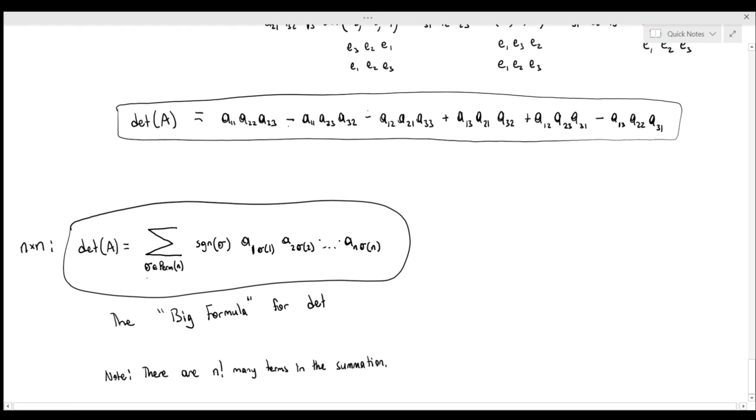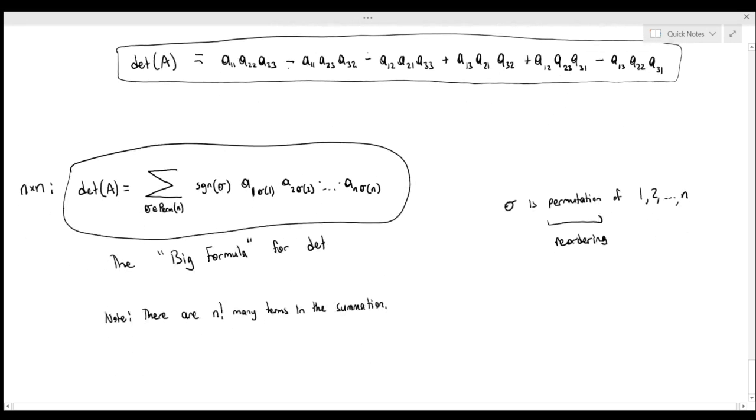The sigma is representing a permutation of the numbers 1 through n. Now, a permutation is just a reordering of the numbers.